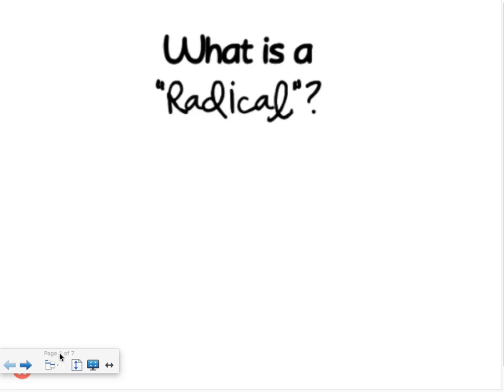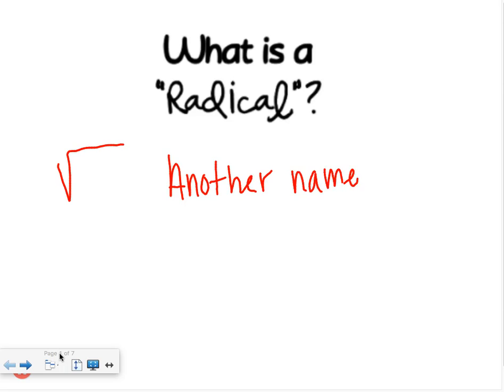So today we are reviewing simplifying square roots. First, let's define what a radical is. If you're confused, a radical is just the square root symbol. It's just another name for a square root.